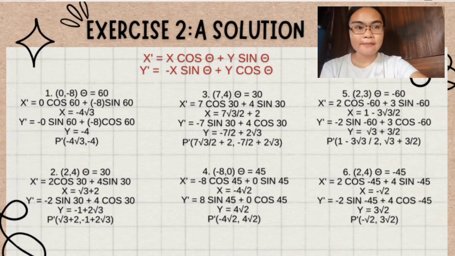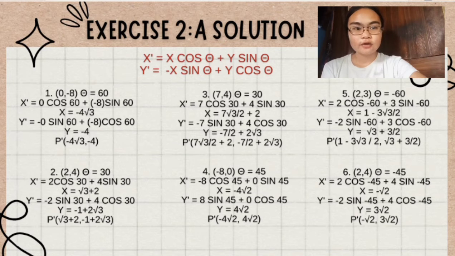For number 5, our given p is 2 and 3, and our theta is negative 60. So x dash is equals to 2 cos negative 60 plus 3 sin negative 60. So our x is equals to 1 minus 3 square root of 3 over 2.